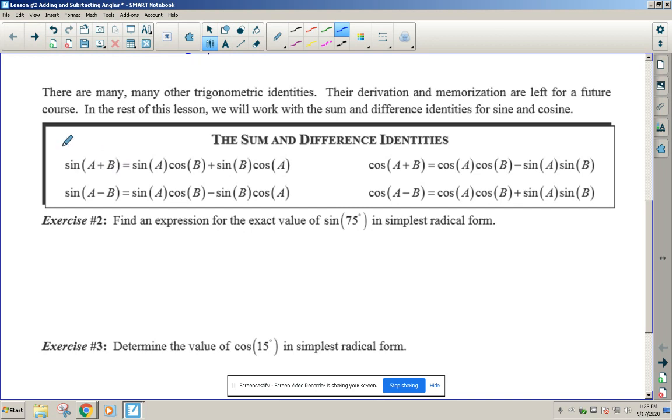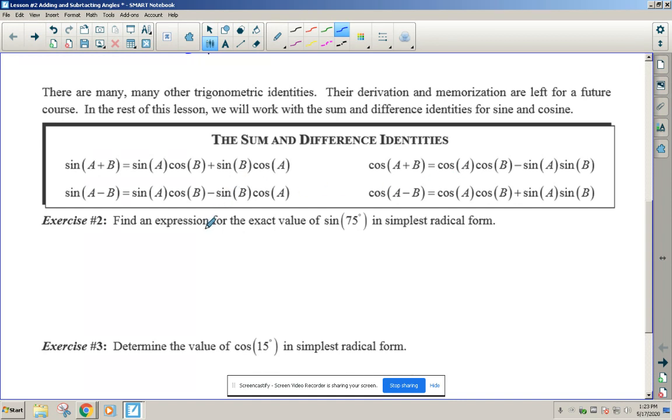Are you adding the angles with sine? You follow this formula. If you're subtracting with sine, here's your formula. You're adding with cosine or you're subtracting with cosine. So as long as you can match, and our values are going to come from the Pythagorean theorem or the special right triangles that we have memorized, we're going to be in business.